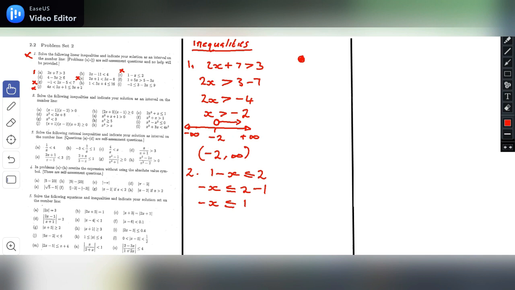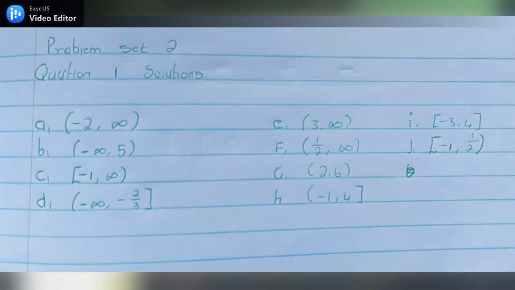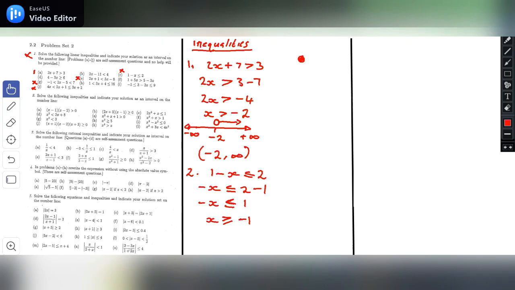Then we divide everything by negative 1. Always, guys, just know that whenever you divide by a negative, the sign is going to change. So now, because we've divided by a negative, it's going to be x greater than or equal to negative 1. Always when you divide by a negative, you have to also change the sign of the inequality, right?